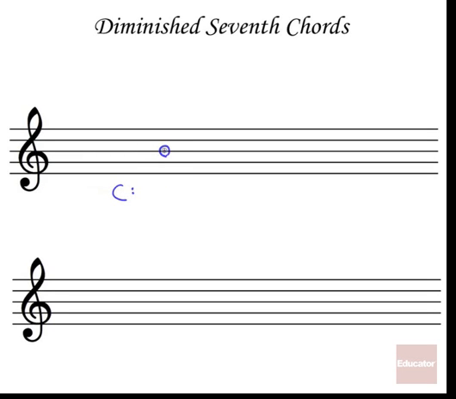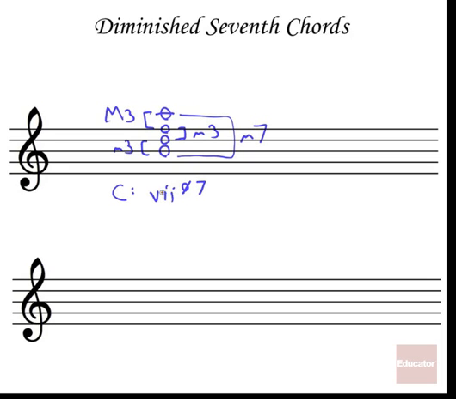So that was beginning on the 7th degree on B. So this is made up of a diminished triad on the bottom, which is of course a minor third stacked on top of a minor third, and then the upper interval is a major third, or you can think about it as being a minor seventh from the root. So this is actually called a half diminished seventh chord, and this is how it's written.